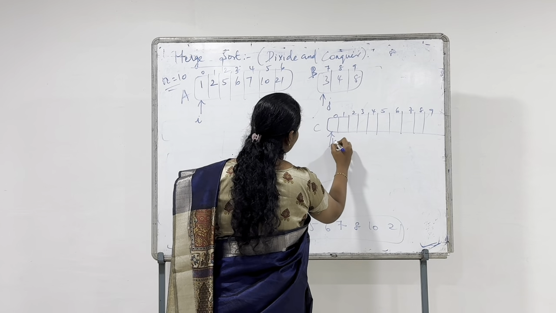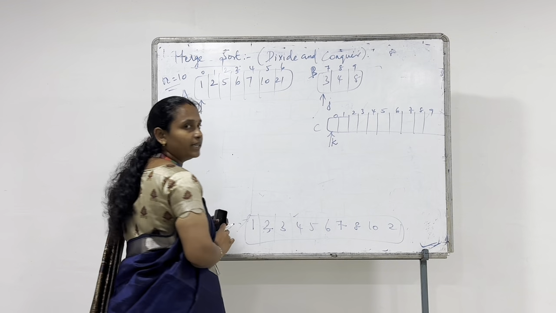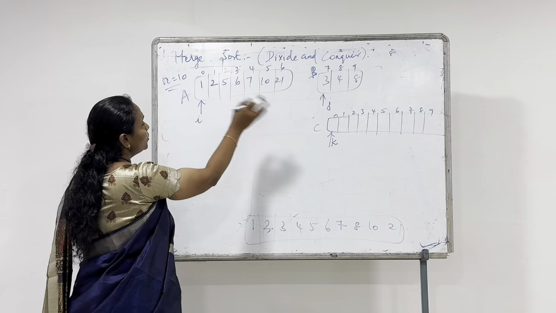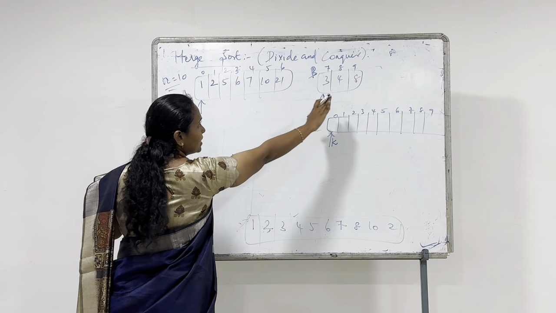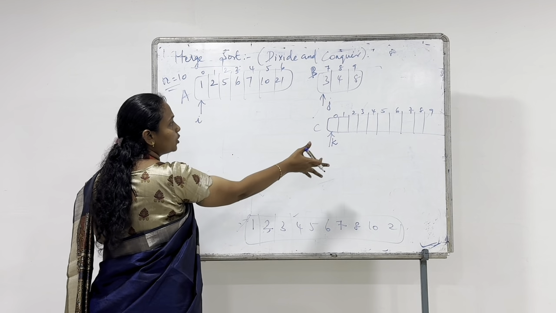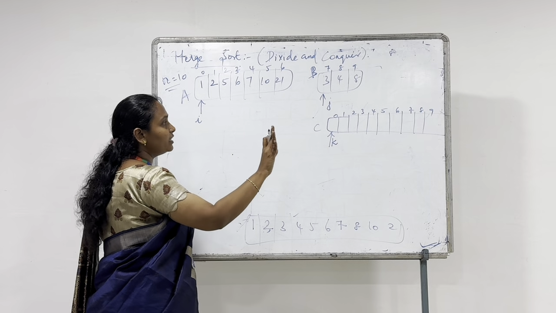Here I am going to use an index pointer pointing to index 0. Now do comparison. We are going to merge these two sorted arrays and finally get the final sorted array.